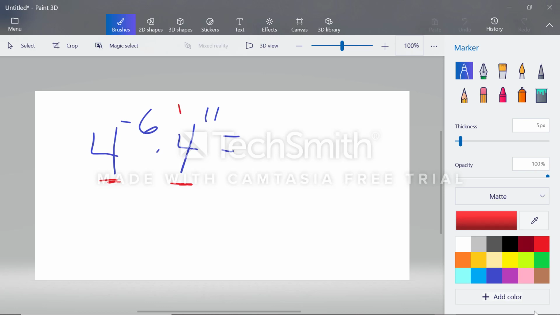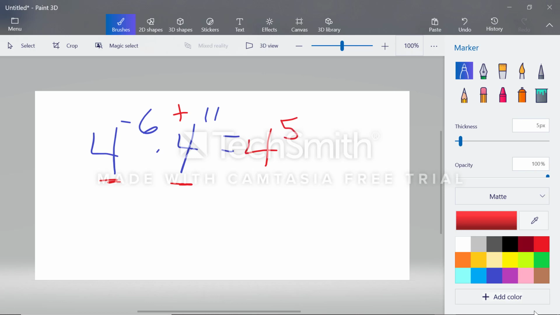I do, on the other hand, add my exponents. So even though it's a negative exponent, I don't need to flip it because I need to combine these first to get rid of this negative sign. If I add those together, it's positive. So this would be simply 4 to the 5th.